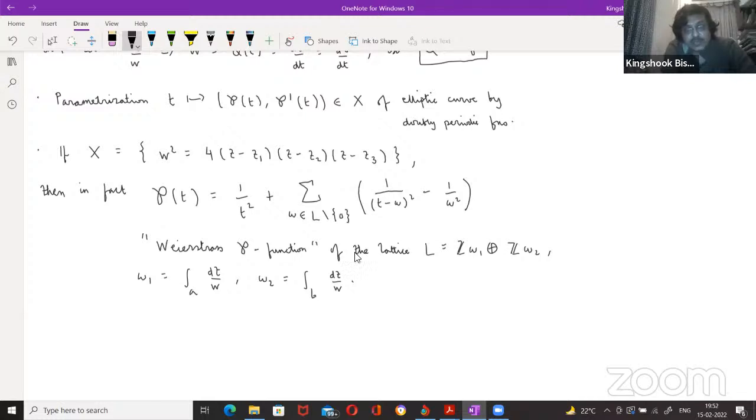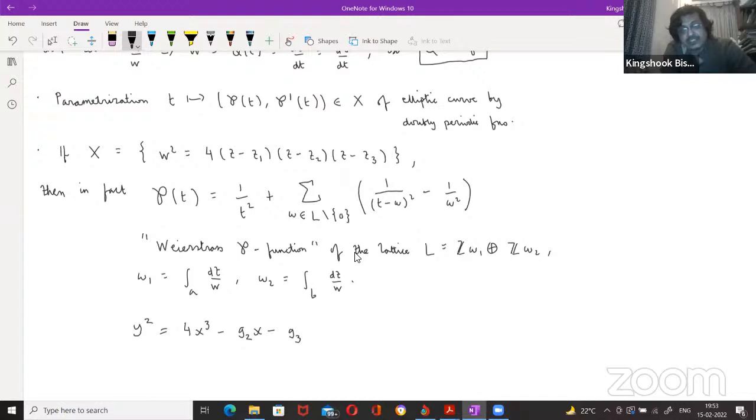So where the modular group comes in is when you vary the parameters of the elliptic curve. So a general elliptic curve. So if I vary z1, z2, and z3, the coefficients of the elliptic curve. So my elliptic curve will be, let's say, y squared equal to 4x cubed minus g2 x minus a constant g3.